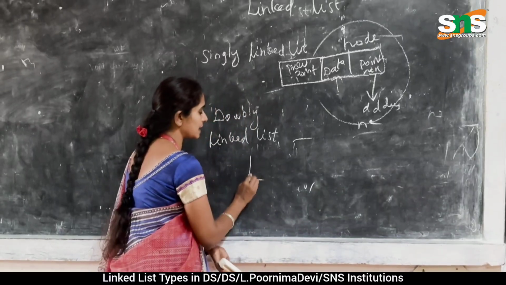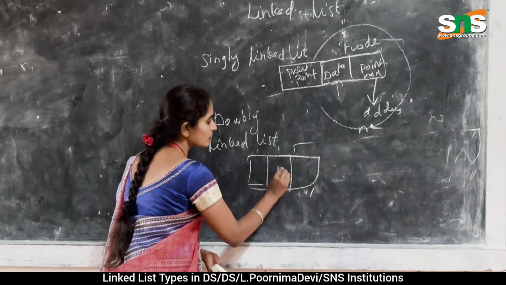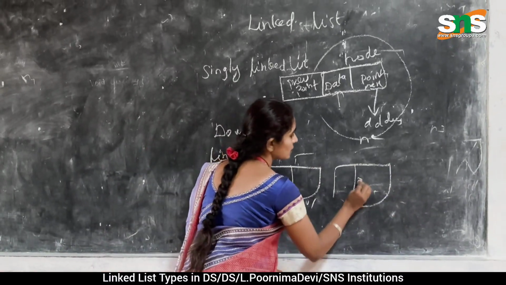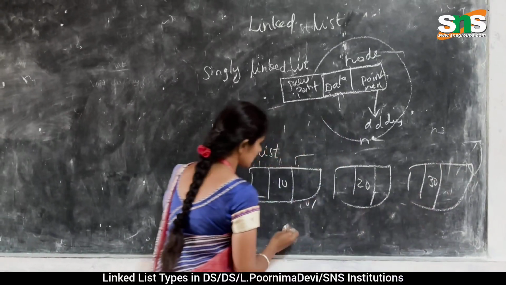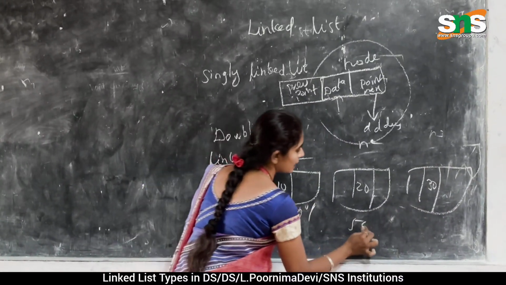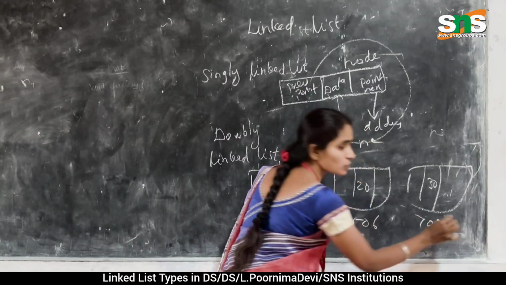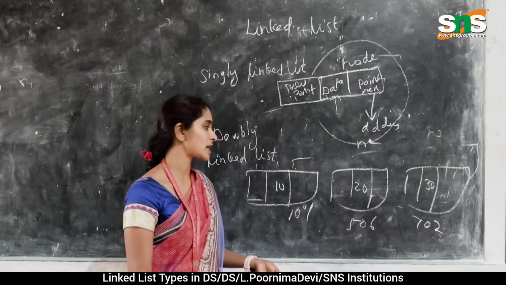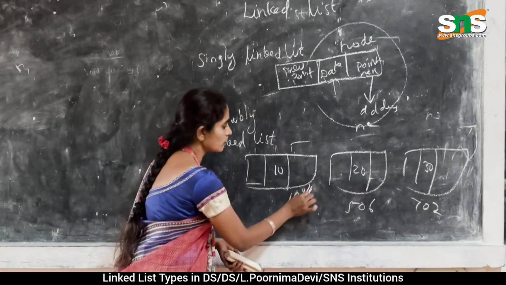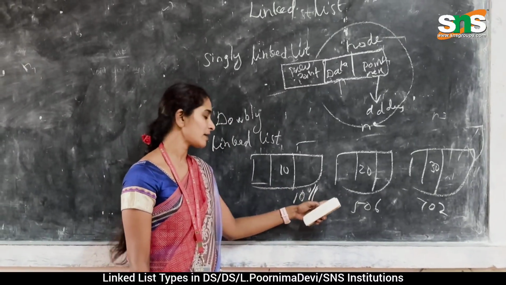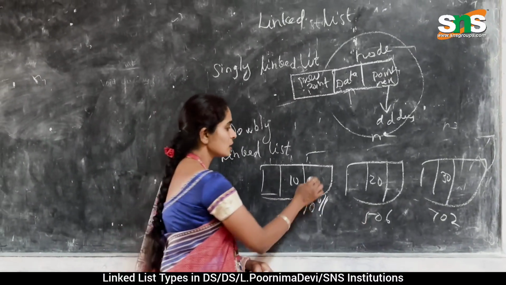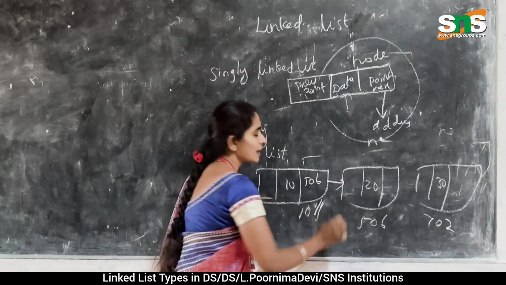So in this we add the two pointers. This is my data 10, 20 and 30, with addresses 101, 506, 702. This is the address of the element which is stored. After 10, what element has to be visited? 20, so I mention the address of 20.